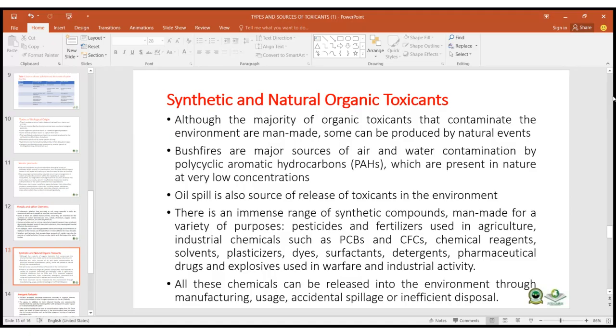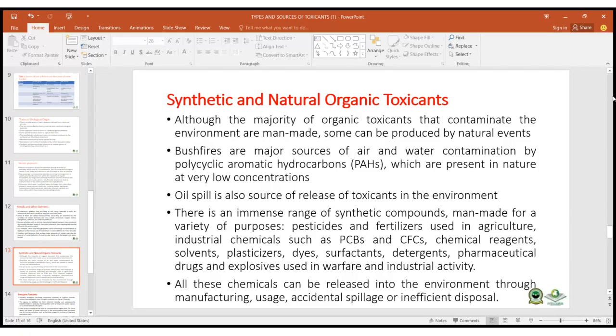Then oil spill is also another source, another way through which toxicants are released in the environment. The people in the Niger Delta or any other place where oil mining activities go on, they are all exposed to these toxicants, these natural toxicants.